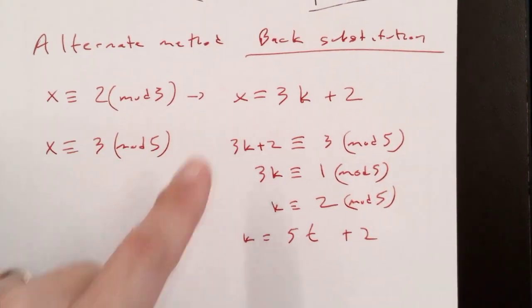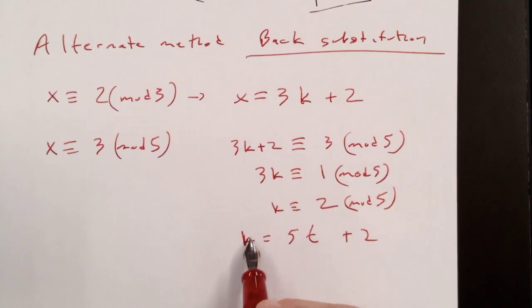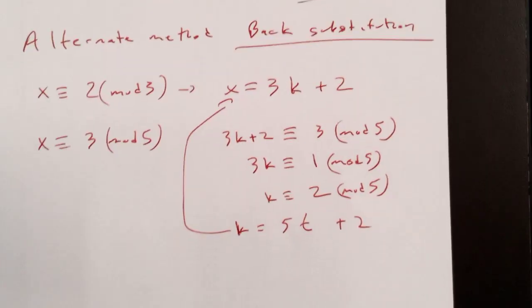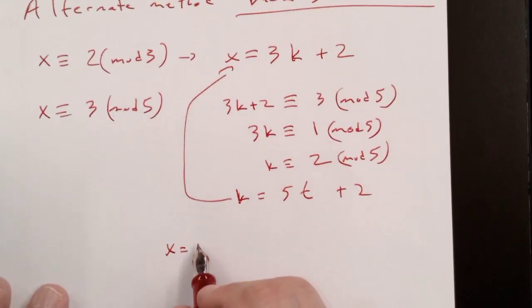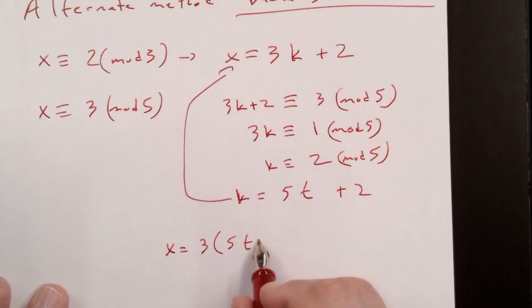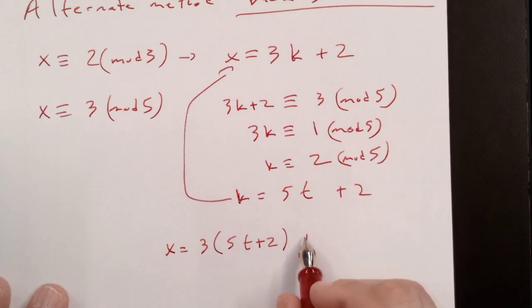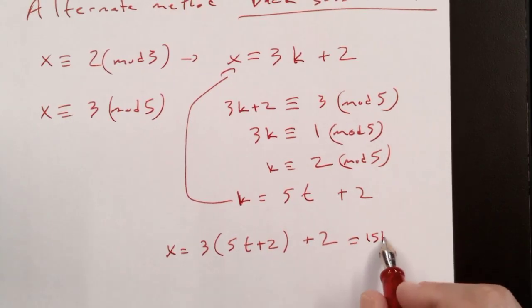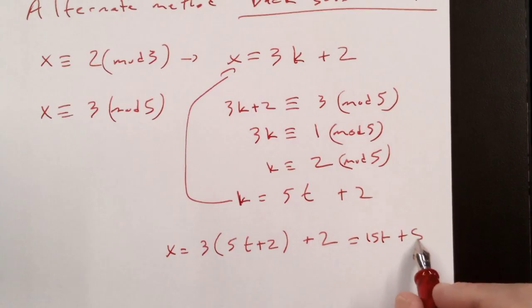Back sub. Put this back in here. And that means that X is 3 times 5t plus 2 plus another 2. That's 15t plus 6 plus 2, which is 15t plus 8. Yes?